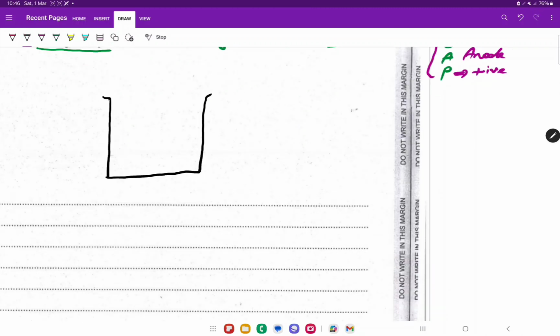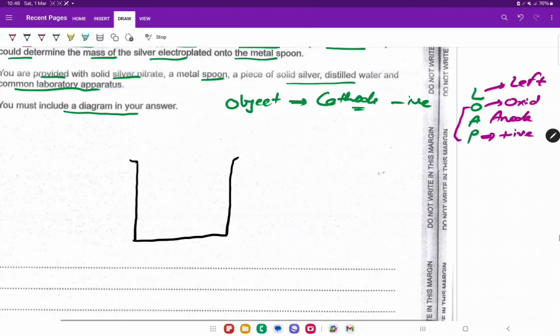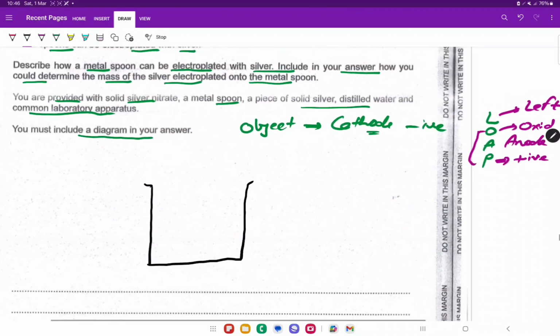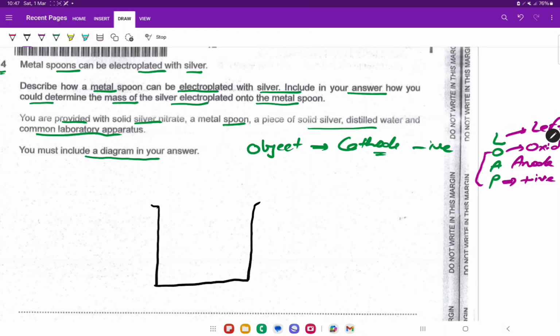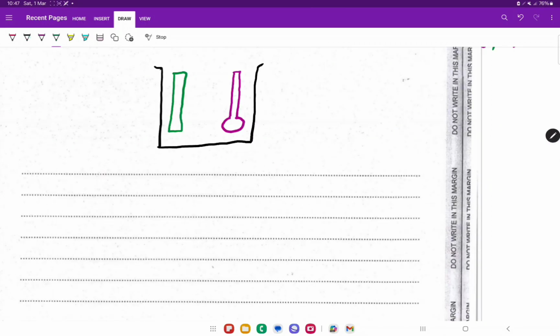As you can see, first we'll take a beaker and attach two electrodes. One will be the spoon, which acts as the cathode, and the second will be the silver rod, which will act as the anode. This is my spoon, the object to be electroplated, and this is your silver rod.